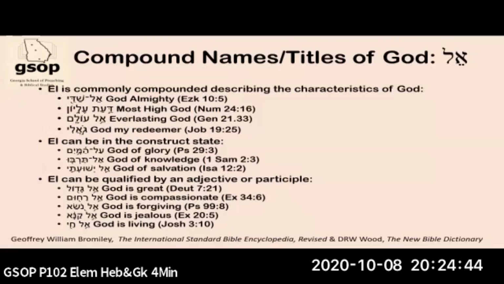It's commonly described in the compound. Now, we won't go over them all, but just as a reference of the various characteristics of God. El Shaddai is God Almighty in Ezekiel 10, verse 15. El Elyon is the Most High God in Numbers 24:16.